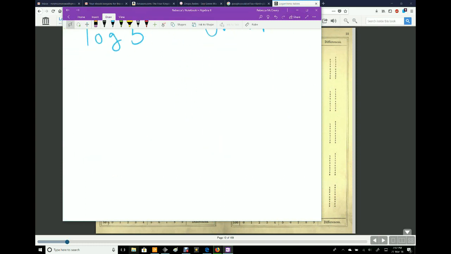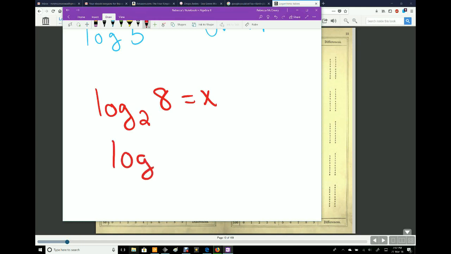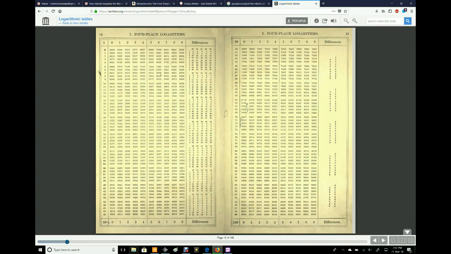Okay, so if we want to look at that again, let's say we want to change to base 2, and we want to get 8. So in our minds, we know that that should be a 3. We're going to take log base 10 of 8 divided by log base 10 of 2. And again, when we divide that out, we should get 3. So let's look up our log of 8. Log of 8 is 0.9031.